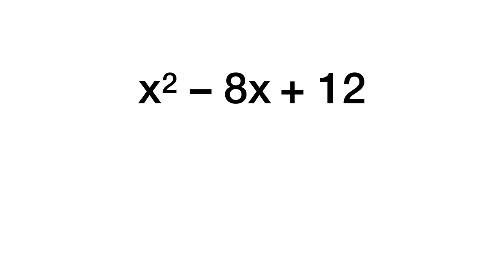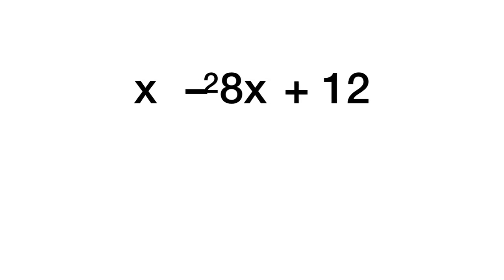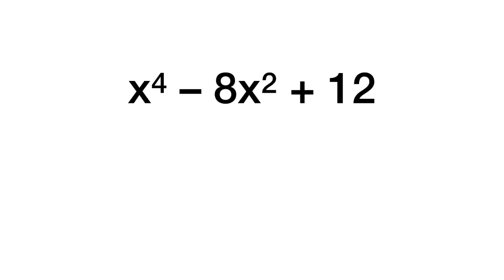So the quadratic pattern in quartic form looks like this. Pretty much the same, only now everywhere we had an x, it's an x squared. So x is now x squared, and x squared is now double that, or x to the 4th plus 12. So instead of going 2, 1, 0, it's now 4, 2, 0.